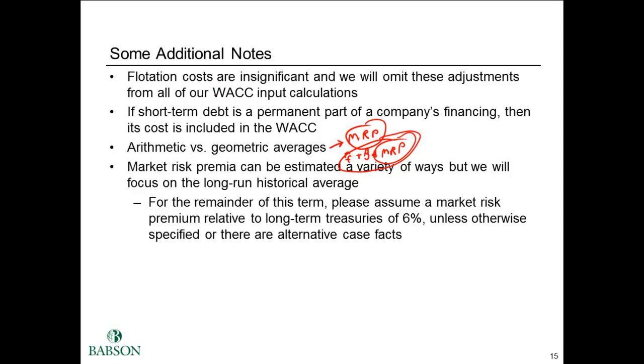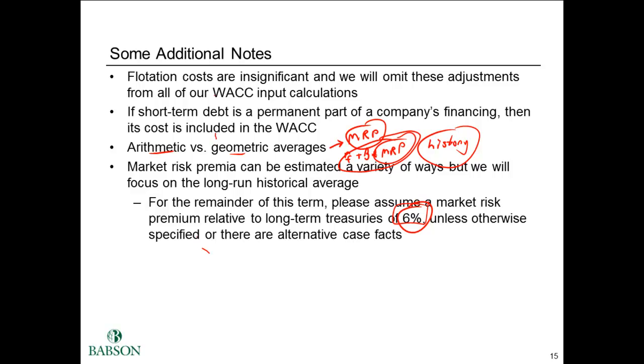We usually use history as a guide, but if we do, we need to understand that there are different ways of calculating history. You have arithmetic and geometric averages. We're going to use 6% unless we come up with a better one, at least for now.